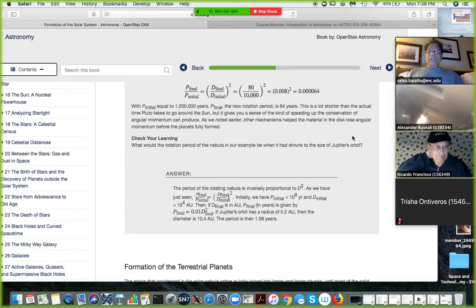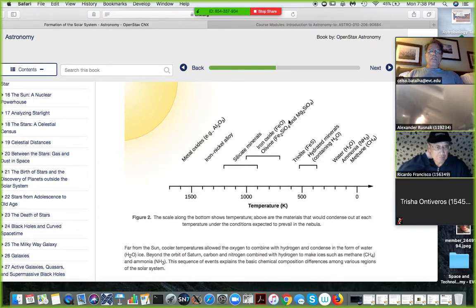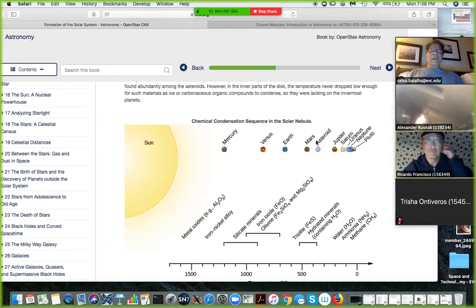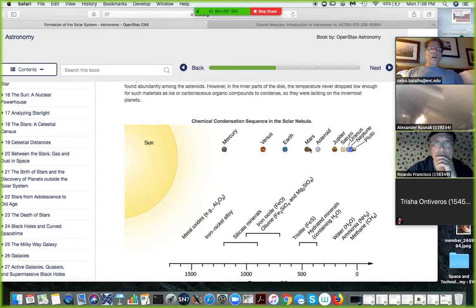Now, the solar system is then segregated into two major types of objects. The terrestrial planets or terrestrial objects, including Mercury, Venus, Earth, Mars, and the asteroids. And it also includes Earth's Moon and Mars's moons, Phobos and Deimos, which look like asteroids that have been captured from the asteroid belt.